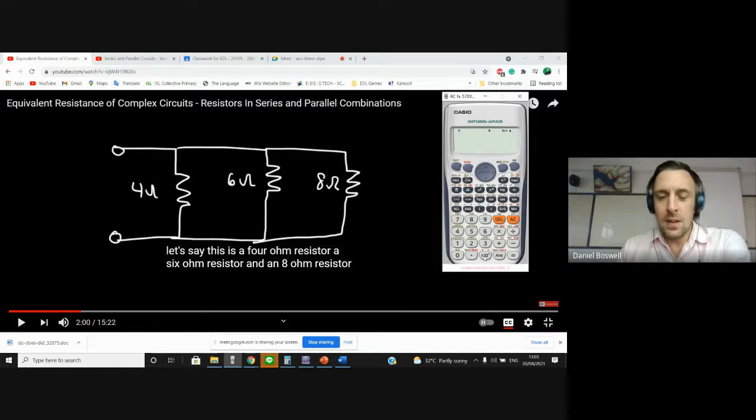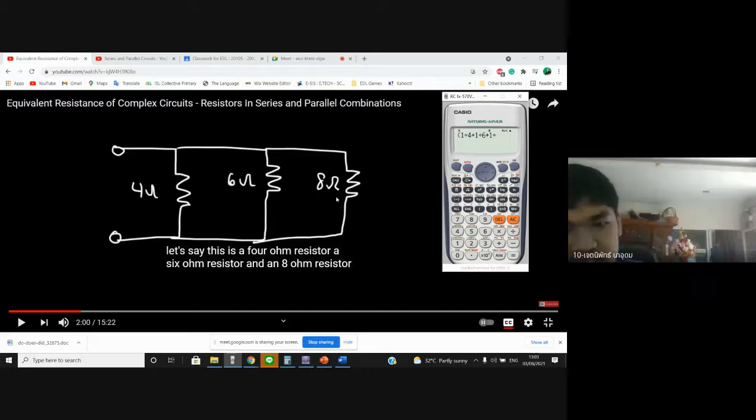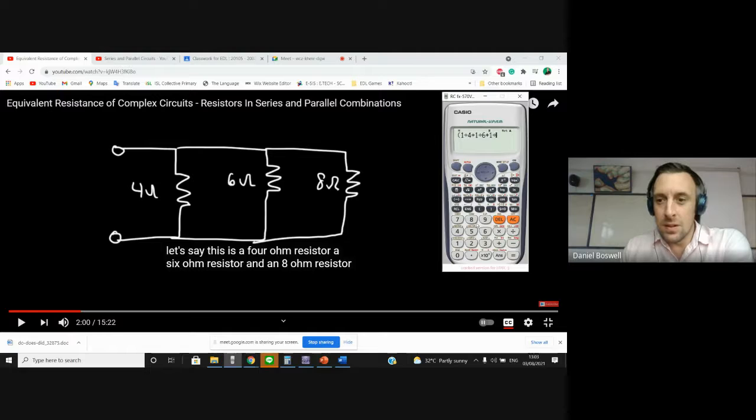The way I do it would be open bracket, 1 divided by resistor 1, which is 1 divided by 4, plus 1 divided by resistor 2, which is 1 divided by 6, plus 1 divided by resistor 3, which is 1 divided by 8, close bracket to the negative power of 1.